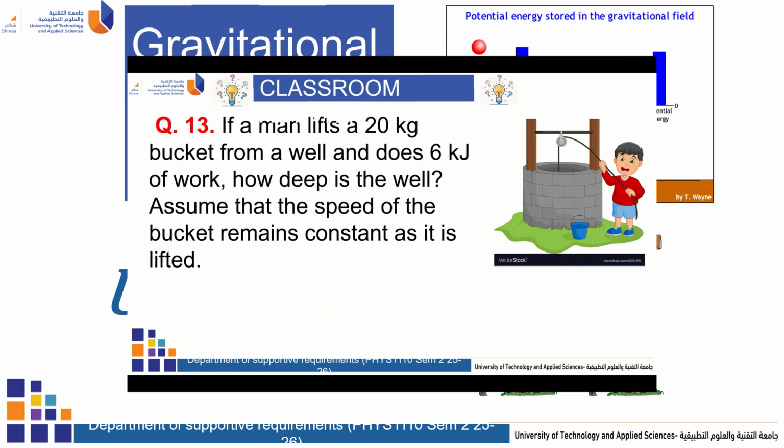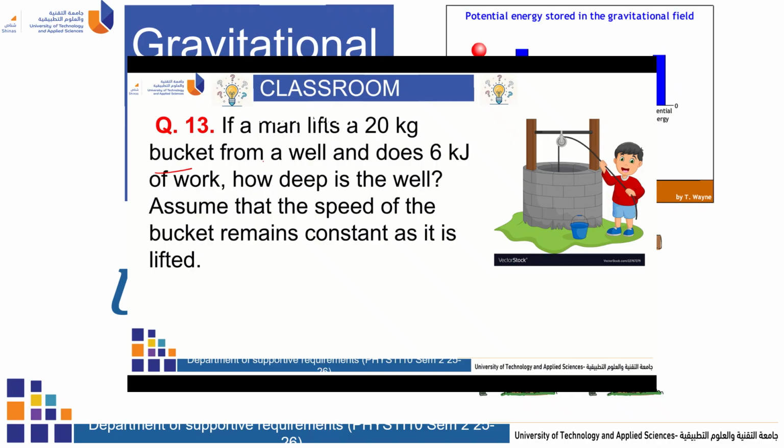Now, on potential energy, there is a small problem. Question number 3: if a man lifts a 20 kilogram bucket from a well and does 6 kilojoule of work, then how deep is the well?